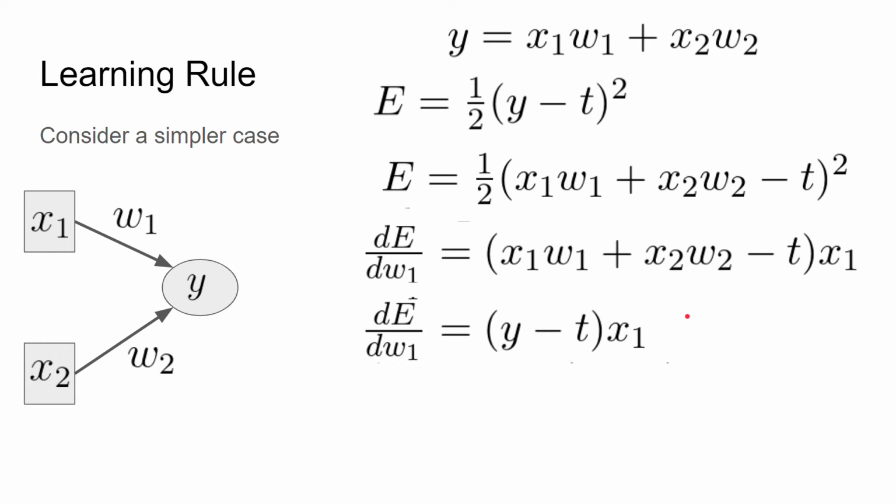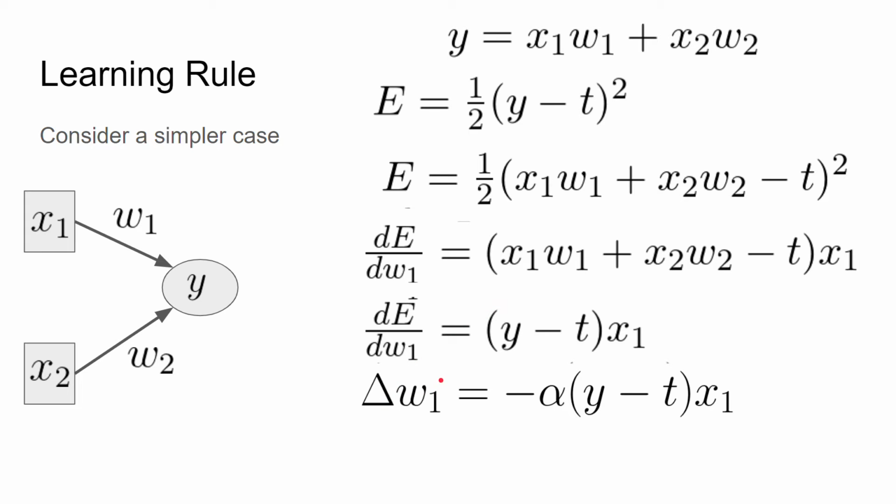I can also substitute back in this thing here. So how will my error change as W1 changes? That will tell me how it'll change. And if I want to reduce my error, then I want to make a small change in W1 in the direction that will make that error become smaller.